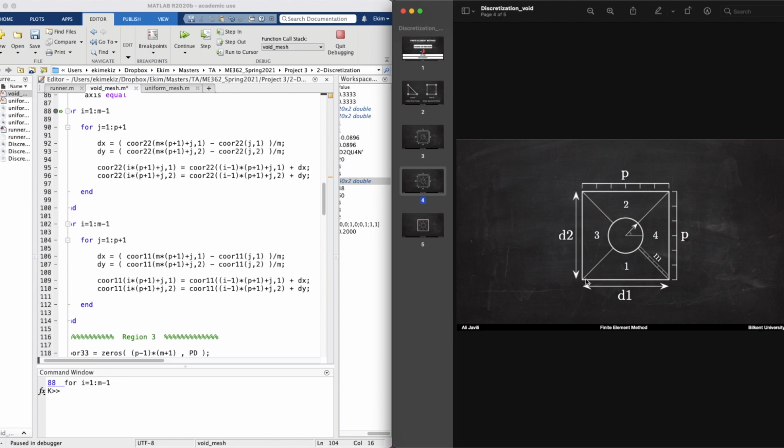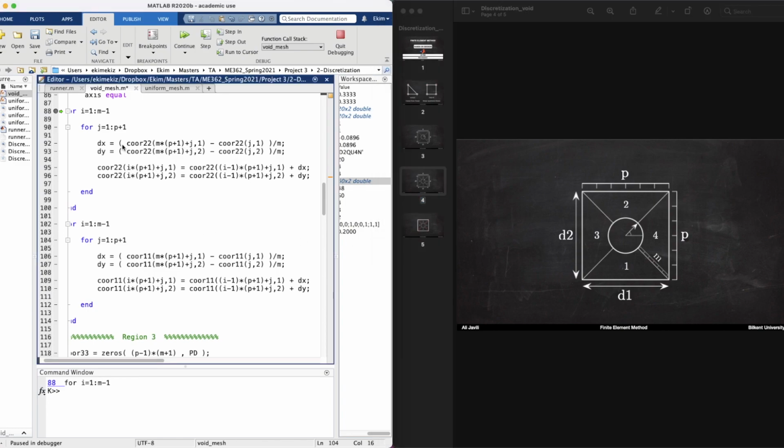So our x coordinate is increasing always, and our y coordinate is always increasing. But for region 2, our x coordinate is increasing, however our y coordinate is decreasing.